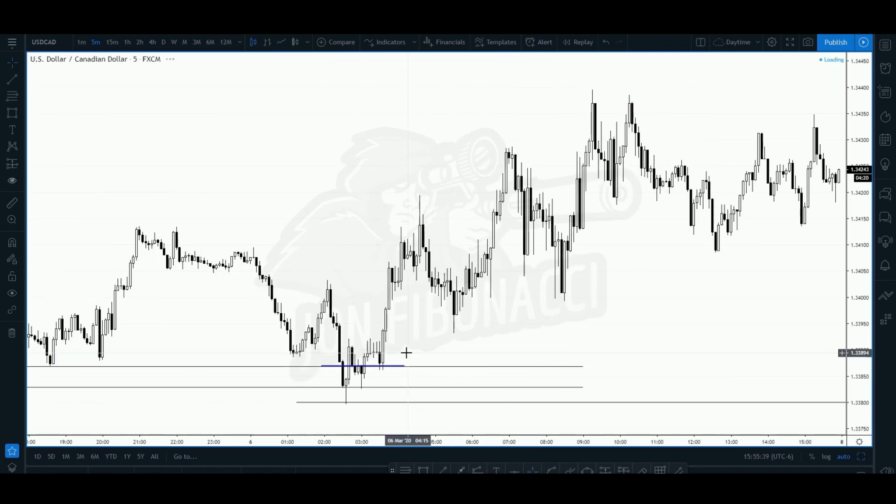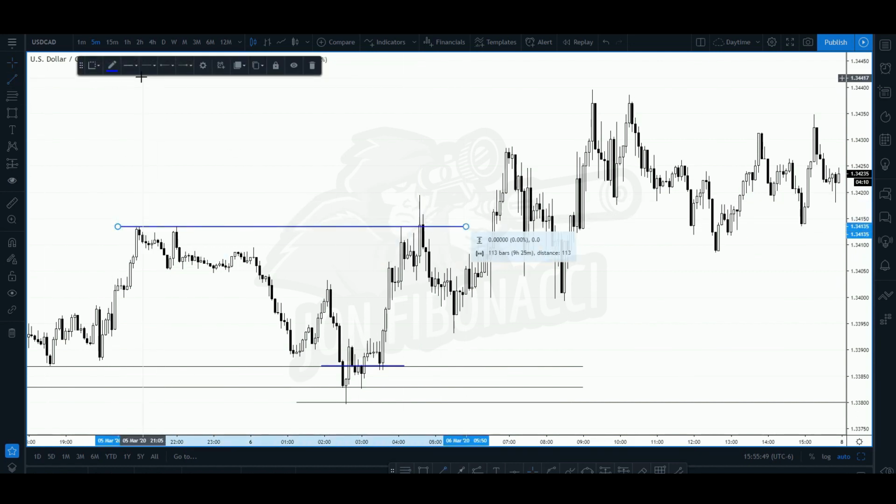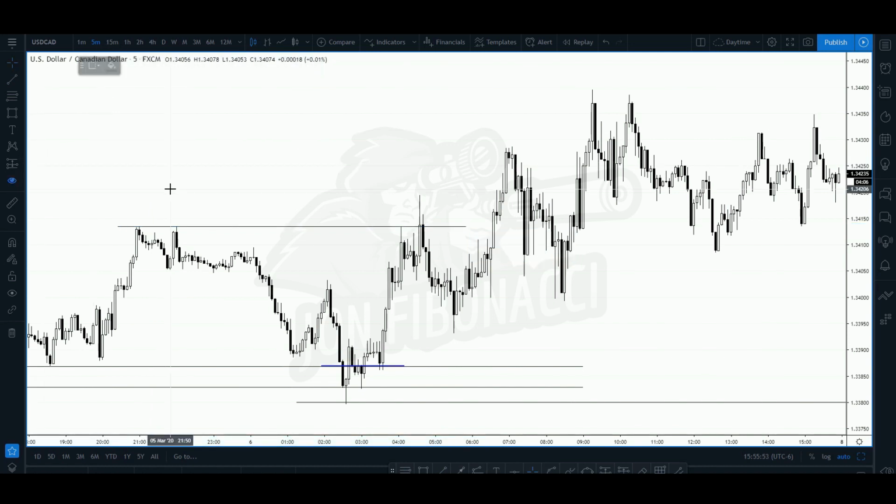However, price essentially ran, pulled back a little bit, and then ran, and the upside target was met perfectly right there. That's what I also have in the markup, the liquidity here.